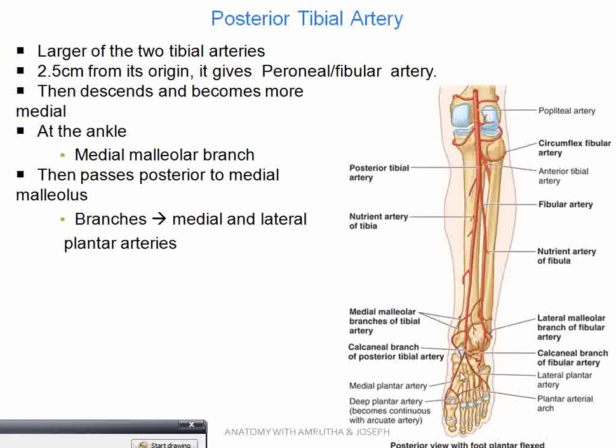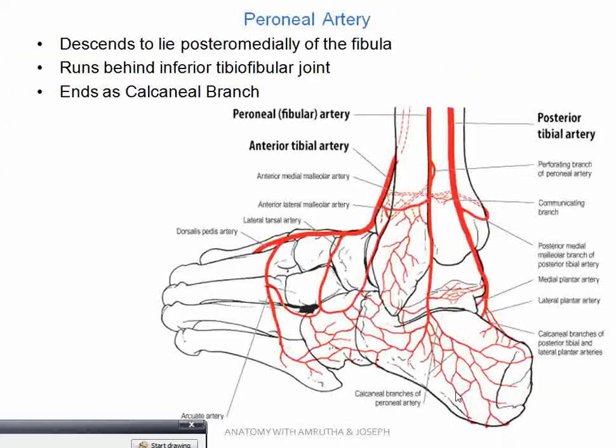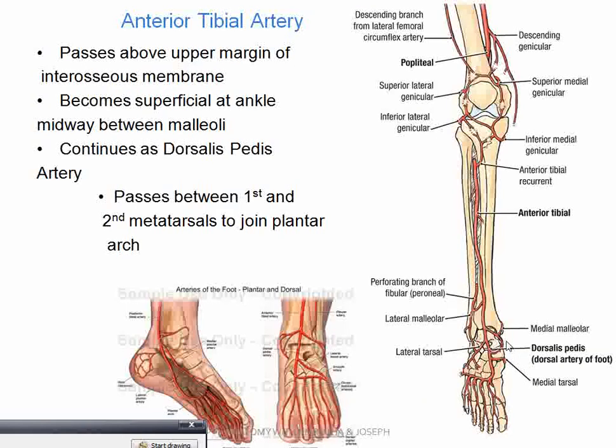So they form arches here, and the dorsalis pedis, which is seen on the dorsal aspect, will pierce between the two metatarsals and reach the sole, anastomosing with the plantar arch formed by the medial and lateral plantar arteries. The anterior tibial artery continues as the dorsalis pedis artery, and it dips down.